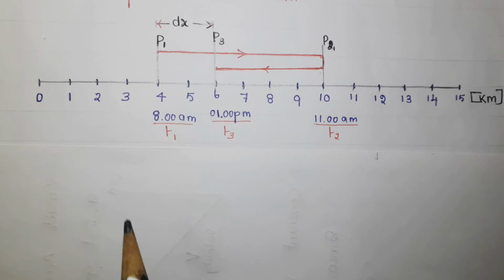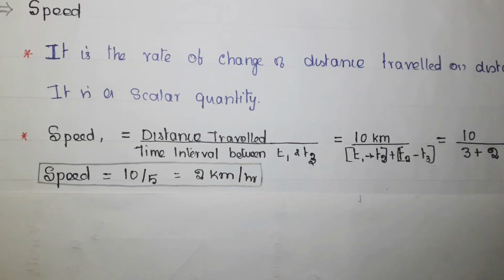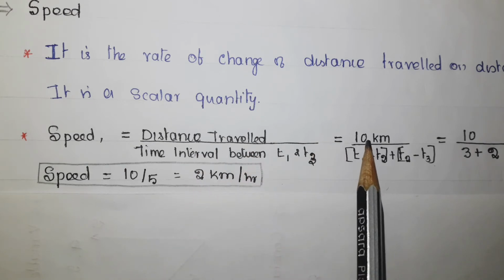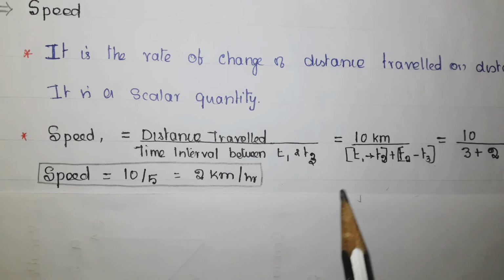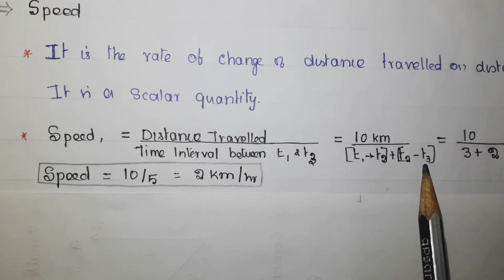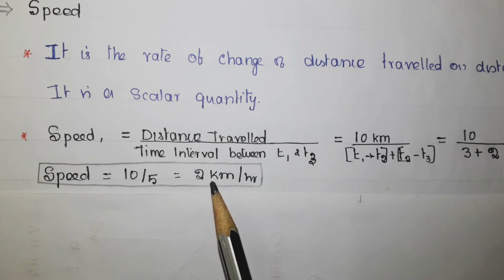Now the total time taken is from T1 to T2 plus T2 to T3. Now speed equals distance traveled, as we discussed it is 10 km. Then the total time is between T1 to T2, then T2 to T3. It is 3 plus 2, so totally you have 5 hour. Then the speed is equal to 10 by 5, which is equal to 2 km per hour.